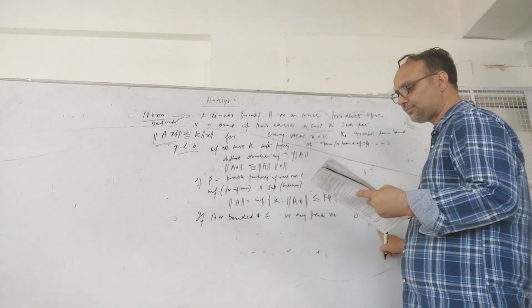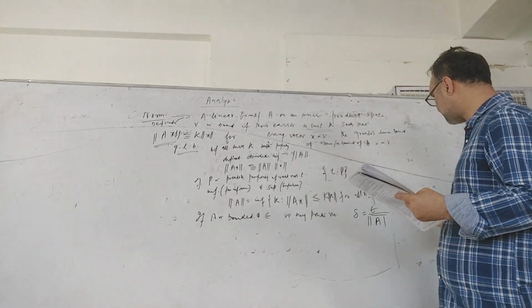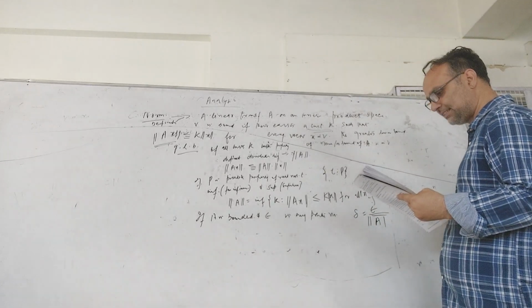So, making sure that |x - y| is less than delta.